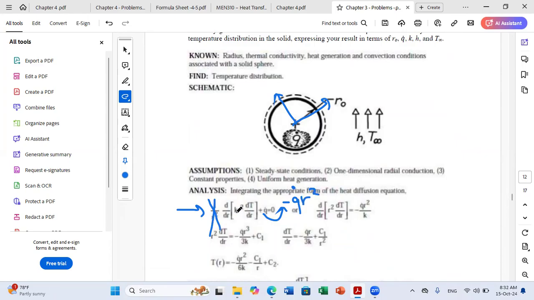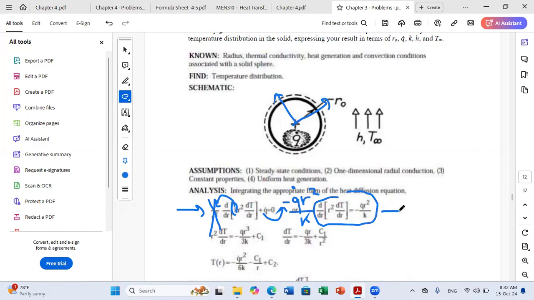Since the conductivity k is constant, I can take it outside of the derivative and divide by k. I end up with the following relation: derivative with respect to r of r squared dT by dr is equal to minus q dot r squared over k. Now I am ready to integrate the first time.